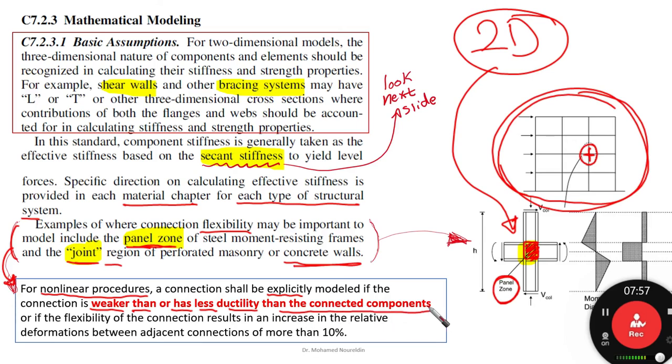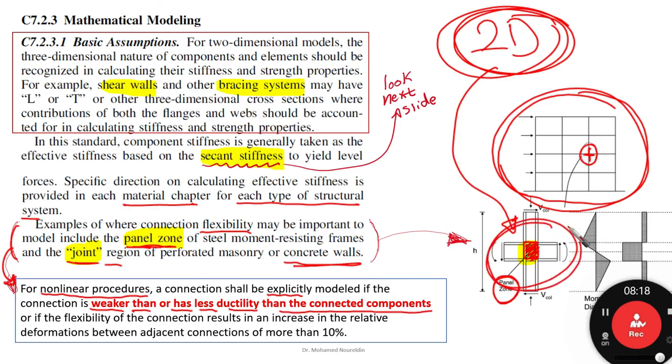That's very important. You can use 2D analysis, but remember well, if this connection is going to be weaker than or has less ductility than the connected components, in this case you need to explicitly model the connection.